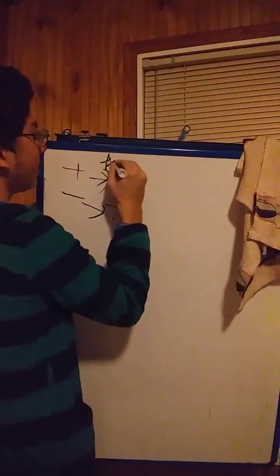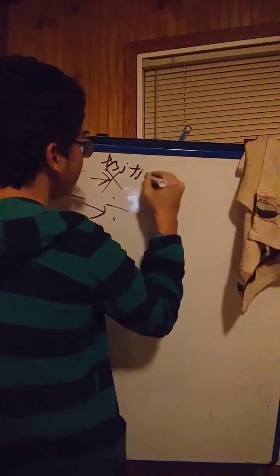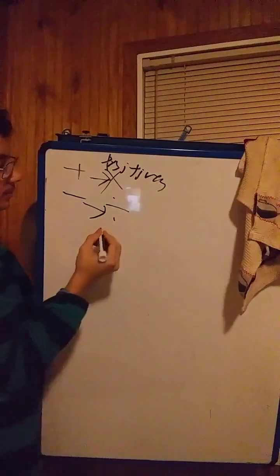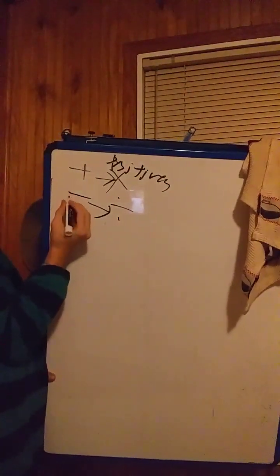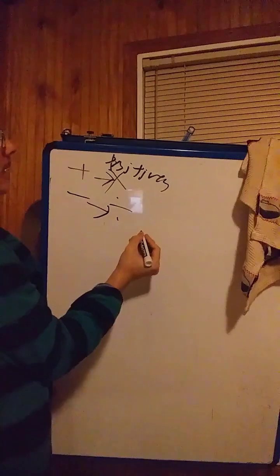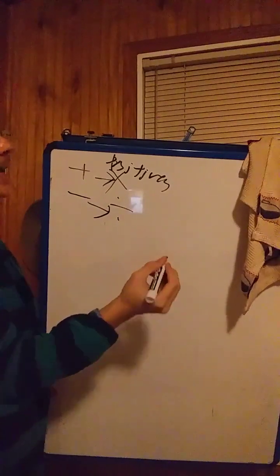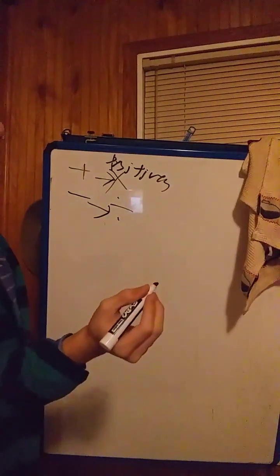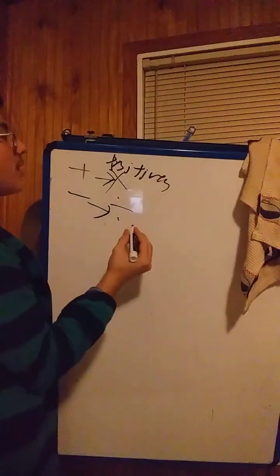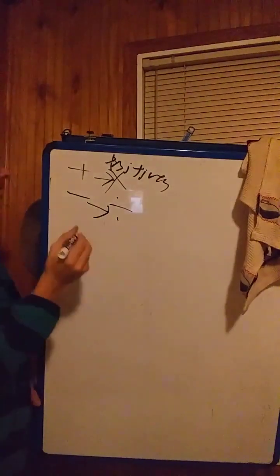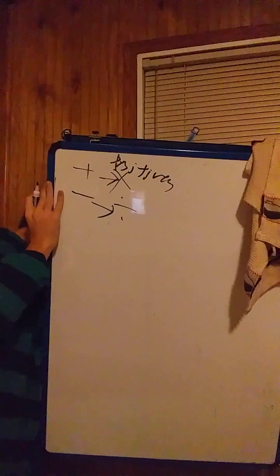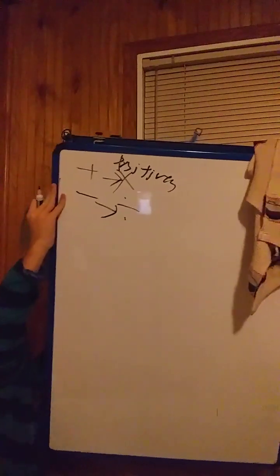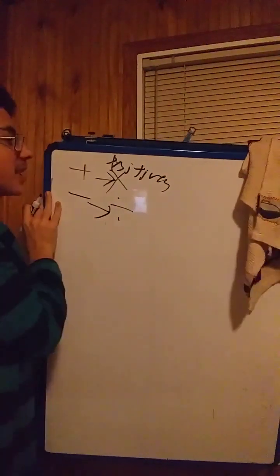Let's say we have negative 2 times 5. Well, the answer would still be 10, but if we have one number that's negative and the other positive, so they're different signs, then our answer would be negative, even though the bigger number 5 is positive. Negative 10 would be the answer to that.